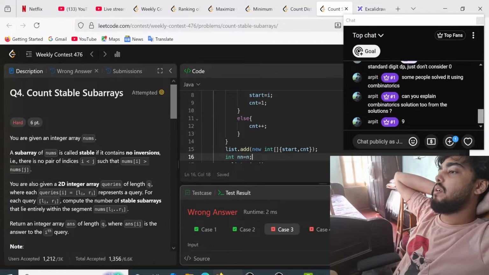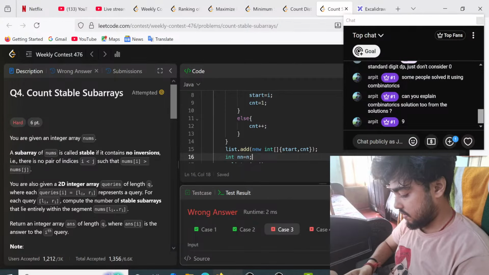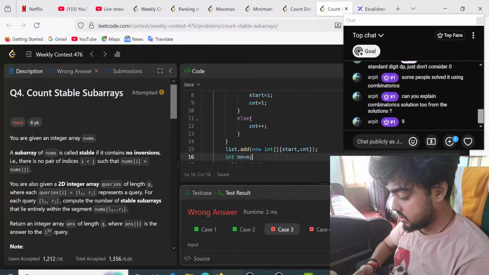I think there is a formula for getting the number of non-zero containing elements.